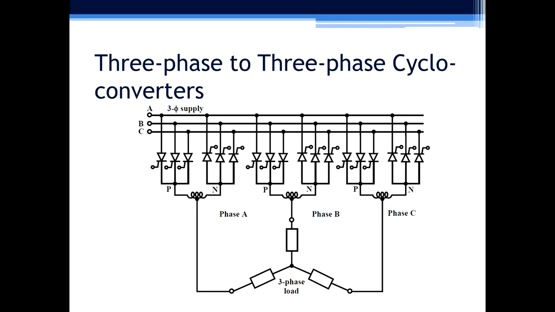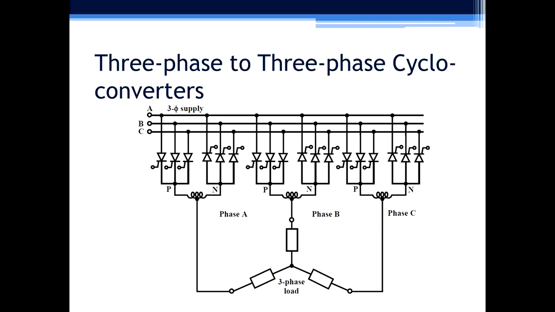Similarly, to keep the phase shift between phase C and phase B as 120 degree, you have to trigger the devices of the third converter after 120 degree. So by combining three phase to single phase full converters, and by keeping the firing angle so that the 120 degree phase shift can be maintained using proper control card design, one can have a 3 phase to 3 phase cyclo converter.